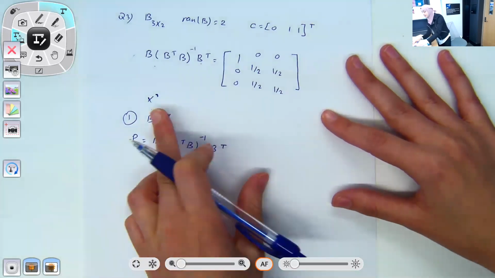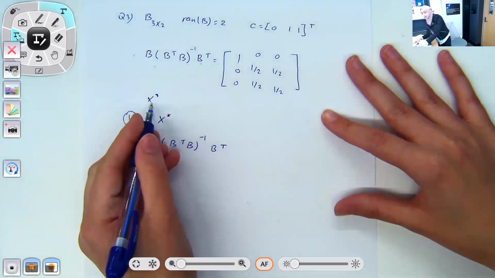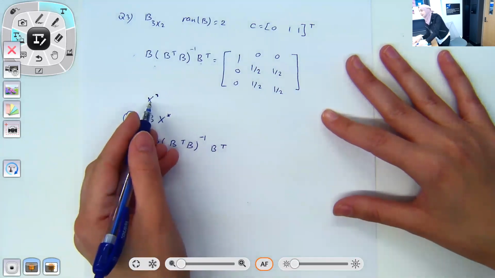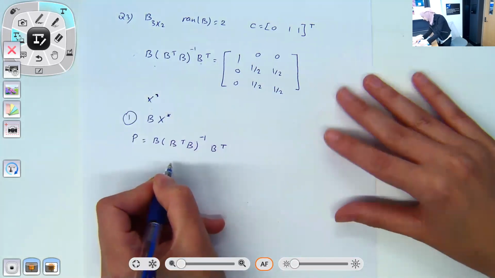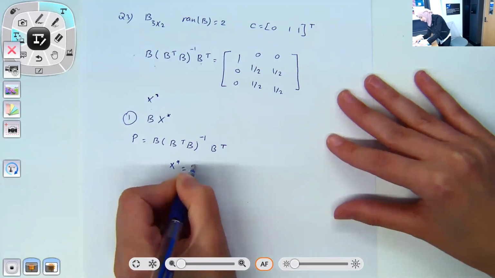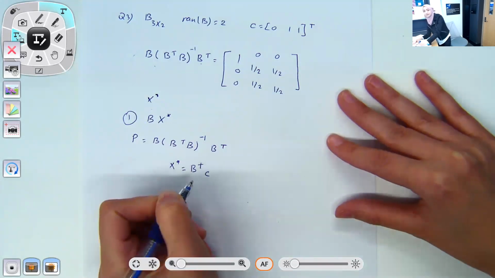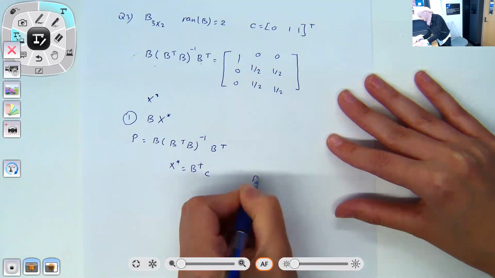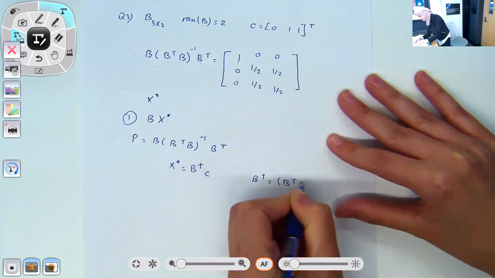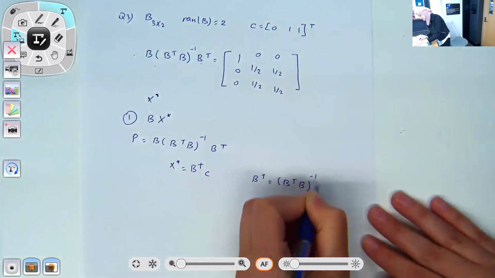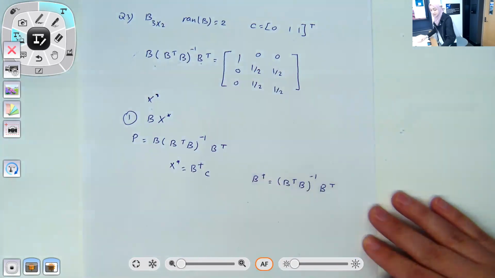Now we need to find the value of X star. We learned before that to find the value of X star, we use least squares, and the value of X star equals B dagger multiplied with C, where B dagger equals (B transpose multiplied with B) inverse multiplied with B transpose.